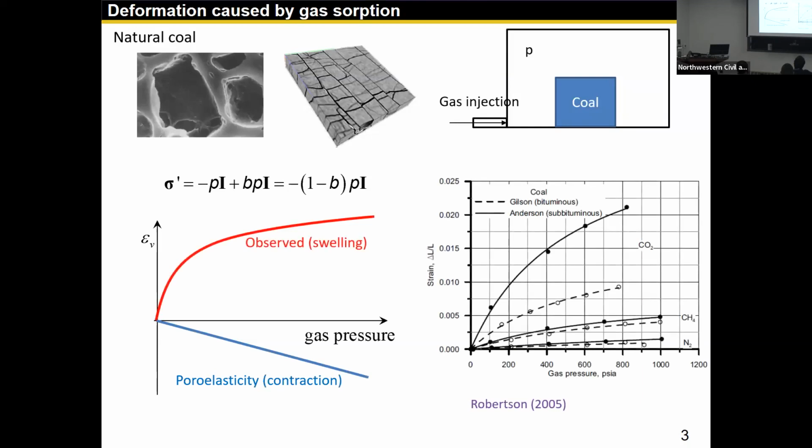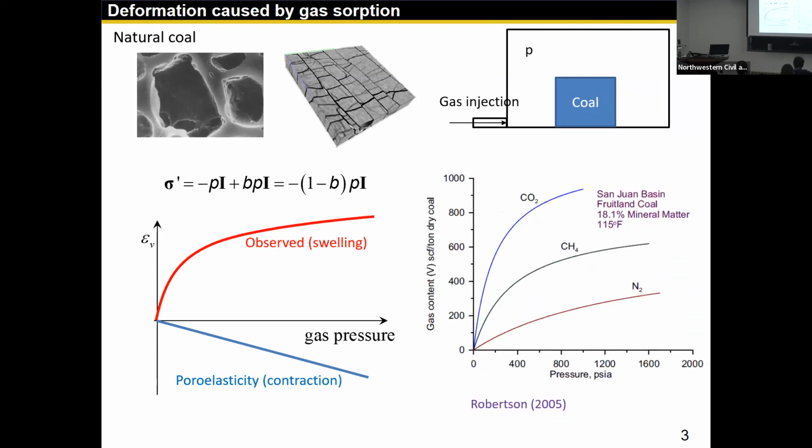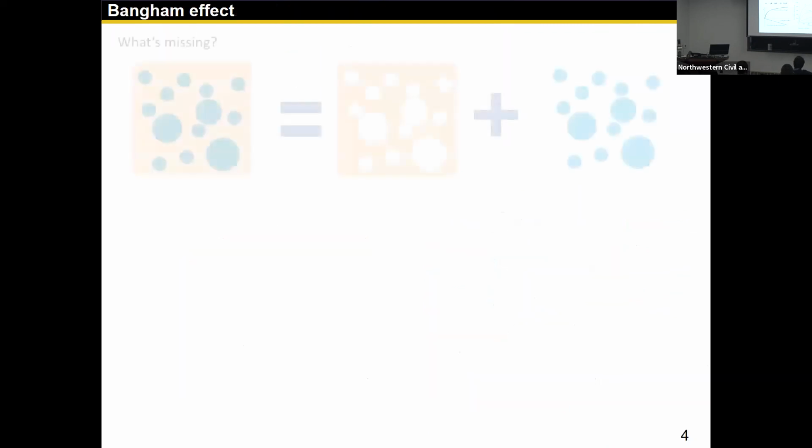But the experiment shows the entirely opposite direction. You observe swelling. That swelling strain usually ranges between 2 to 3%, and is a function of the gas type. It's also a function of the coal type. If you look at the adsorption isotherm of this material, you can see that it looks similar to the strain isotherm with different gases. So it is hypothesized that this is an adsorption-induced deformation.